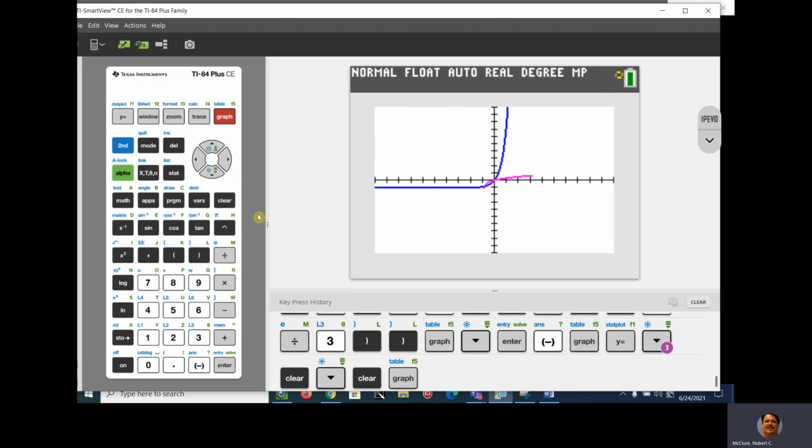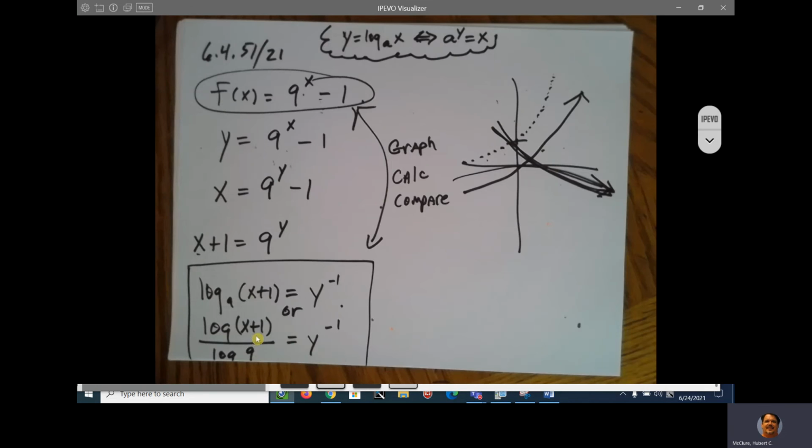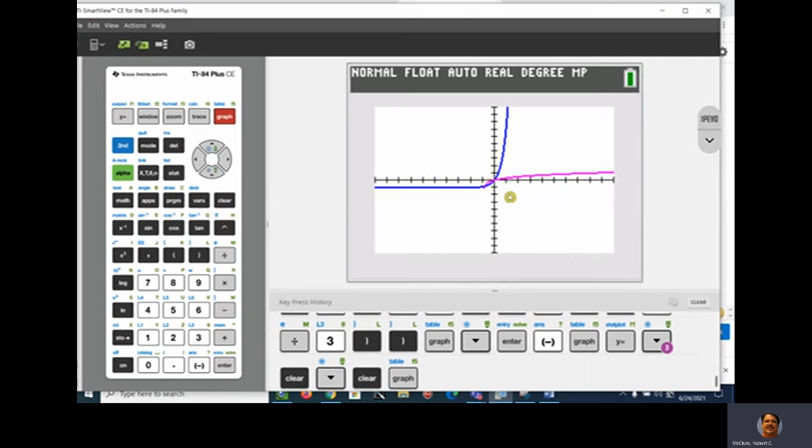There we go. And the blue line is your 9 to the x, and the purple line, or the magenta line, is the log of x plus 1 over the log of 9. And like I say, once you do it algebraically, you can just punch it in the calculator, because nobody expects you to be able to graph these, because it is logarithms and they are a little bit funky when it comes to doing the calculations.